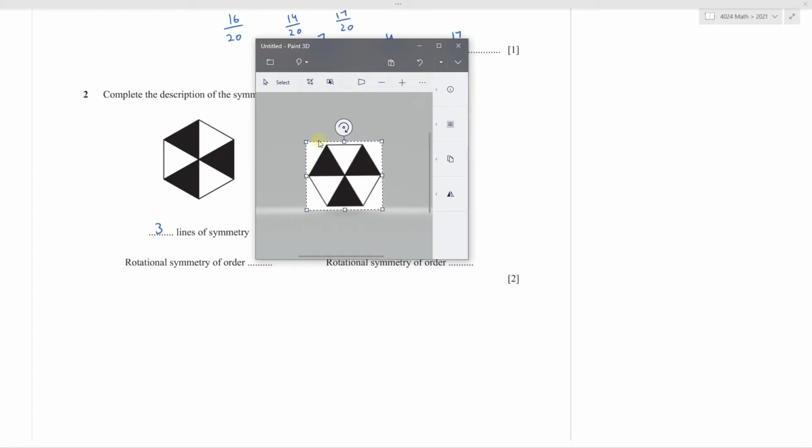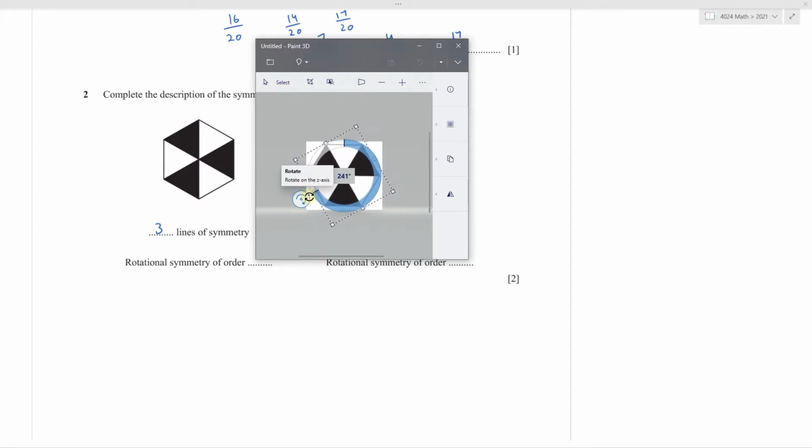Now I have to rotate and see how many times I get the same exact shape during a full 360-degree rotation. So the shape in which I have two black triangles on the top and one in the bottom in the center. If I start rotating like this and I stop here, now again I have two black on the top and one in the middle here. So one, and then I keep rotating until full 360 degrees.